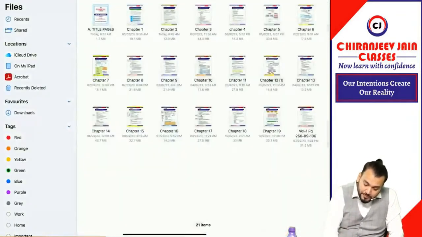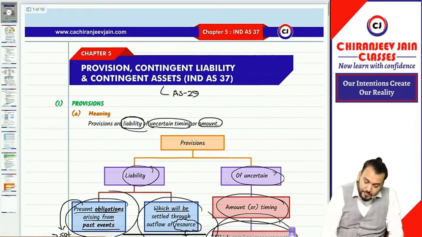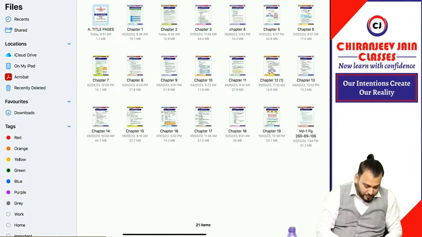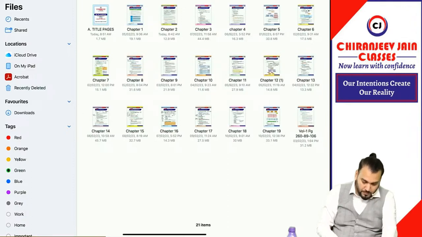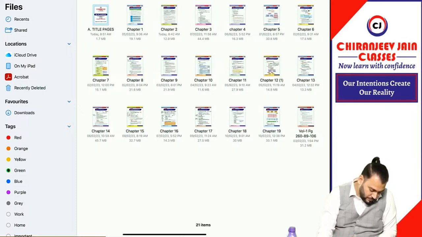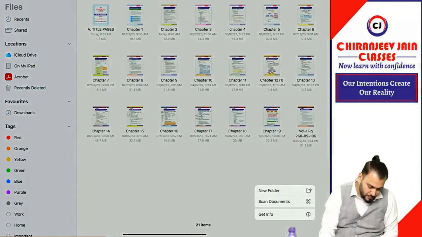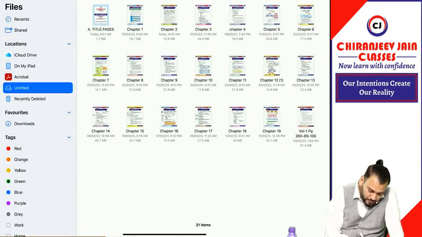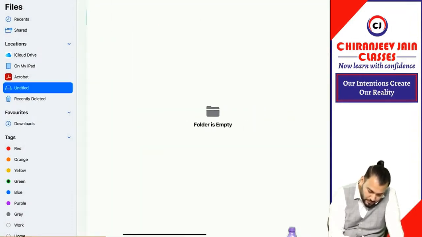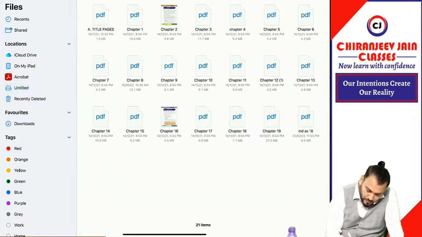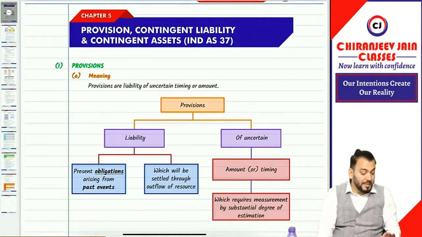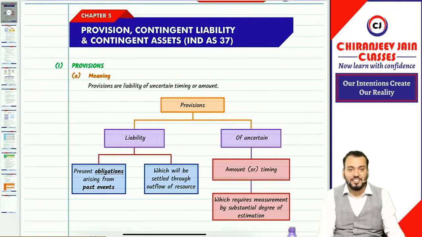chapter number 5. Chapter number 5 of my book, not the ICAI study material.